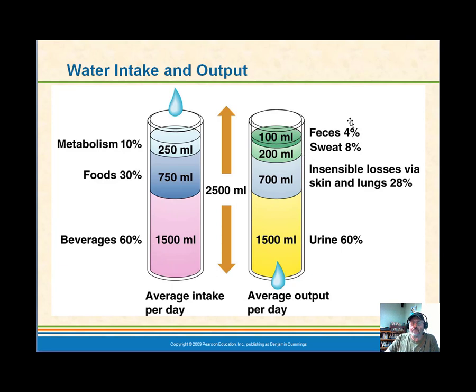Now, feces, the insensible stuff, feces makes about 4%, sweat about 8%, insensible loss via skin and lungs about 28%, and then urine output is around 60%. It is interesting that urine output tends to equal the input we get from beverages. So about 1,500 milliliters a day of urine production.